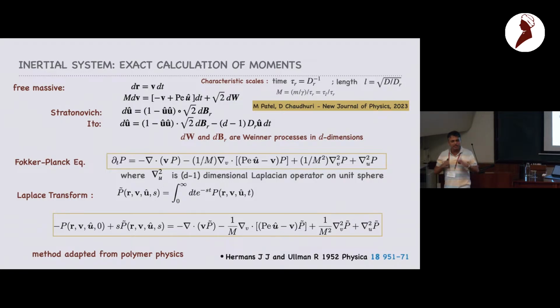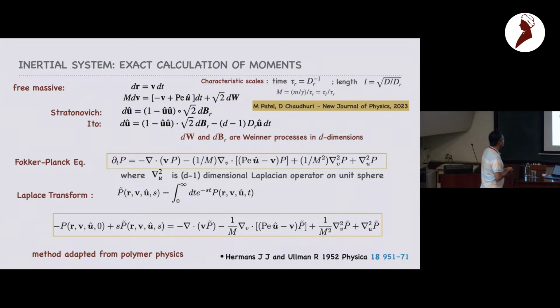We are trying to utilize this Fokker-Planck equation to calculate all the dynamical moments. That's our goal. The specific terms are: this is the velocity term, this term contains the activity and the dissipation, the drag term. Because of the presence of inertia, this is the grad-squared term in velocity space, a diffusion-like term in the velocity space, and this is the diffusion-like term in the orientational space.